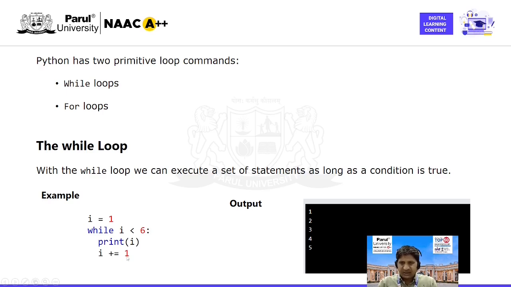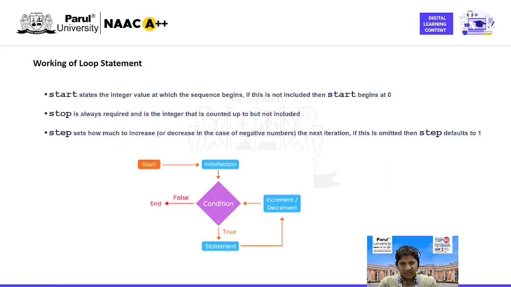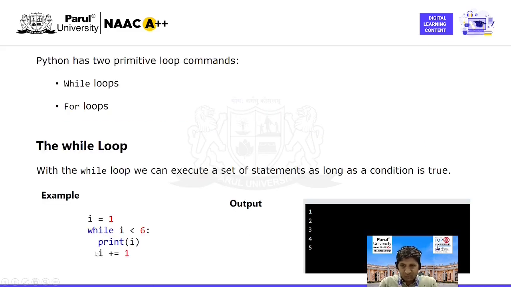And I plus equal to 1. What is this? This is a composite assignment operator. If you remember, in my previous classes I explained I equal to I plus 1. It means the value of I is increased. This is the increment: the next value of I is incremented by 1.